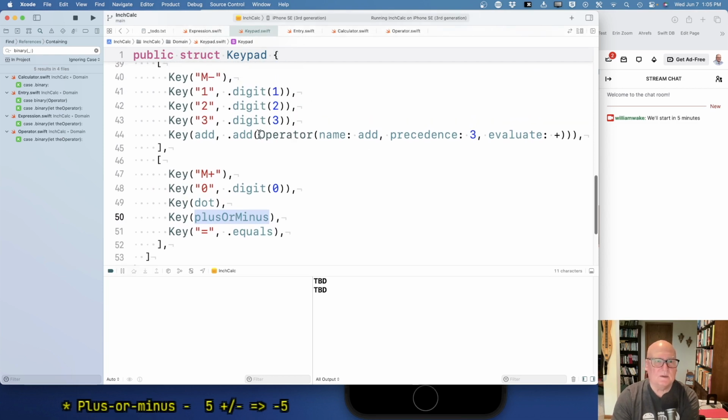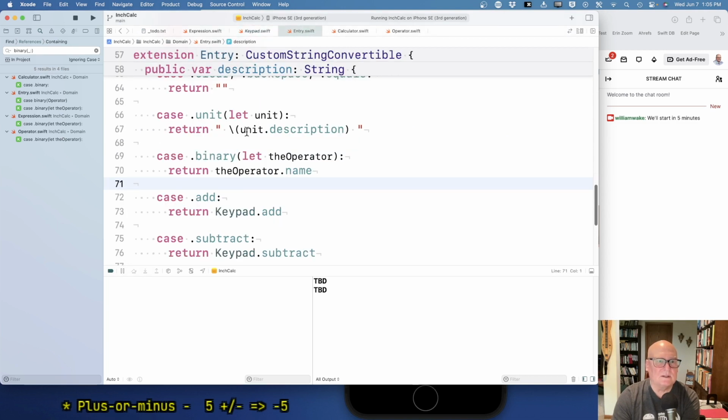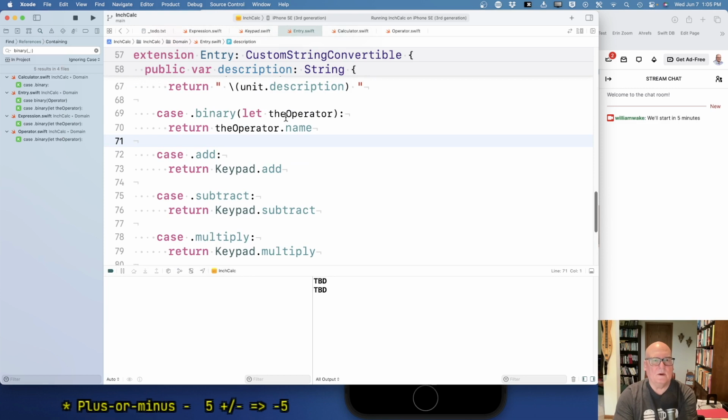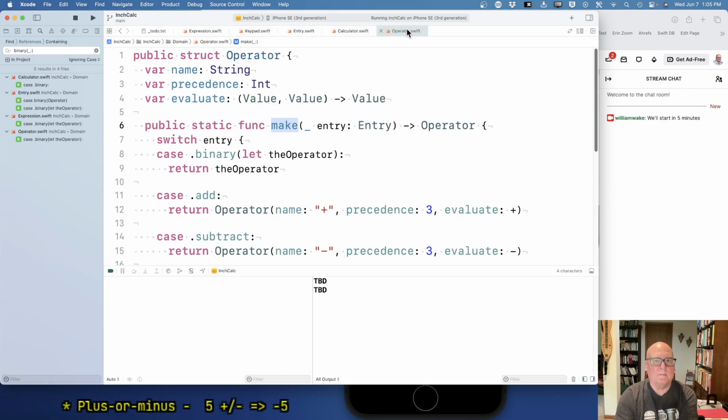It has no operator. All right, so let's look at entry. We do want to eliminate this. Let's see if we can do that. This is really kind of a binary operator.